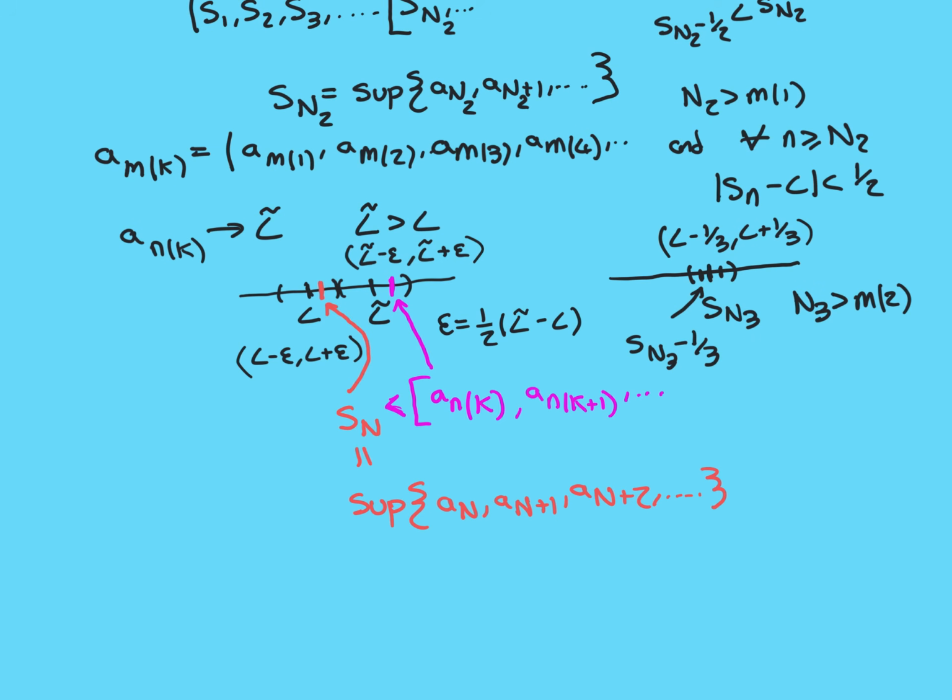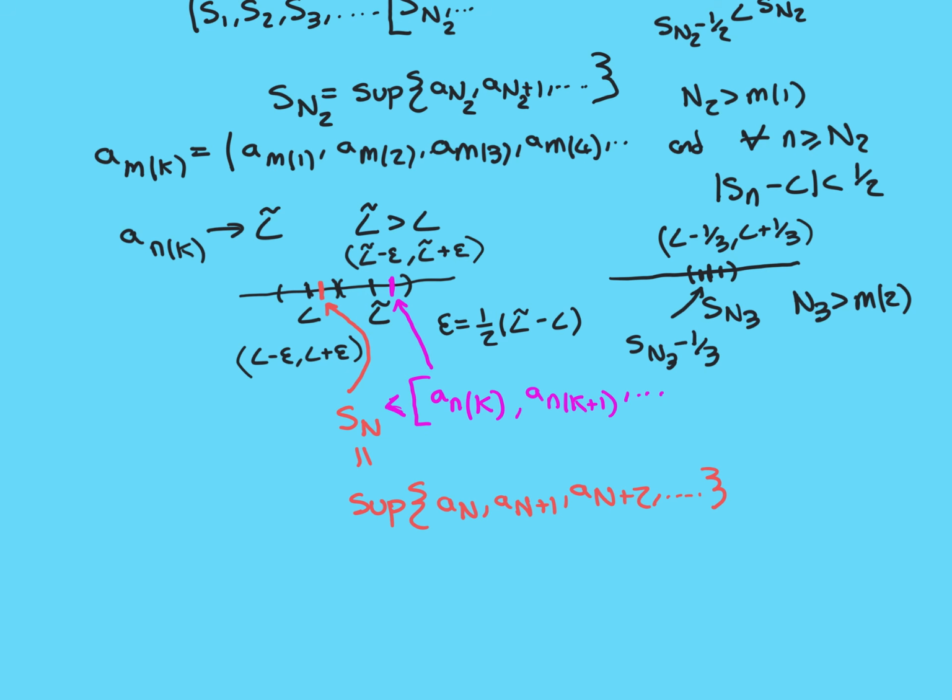And just to make it even more clear, some of the first terms of this tail end might not necessarily be in here. Some of them might be small enough, say n_K here, whatever this value is, it might be less than big N, and therefore it might be in the part of the sequence that isn't inside this set. So it's okay. It might be the case also for this next one, but eventually you must get inside this portion of the sequence because only finitely many of the terms ahead of it have been excluded.